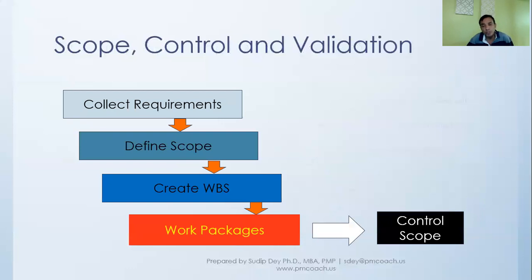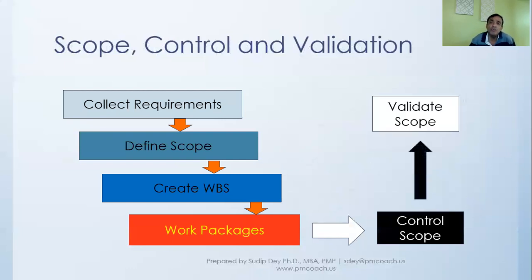When you say scope is controlled, we don't want any scope creep, and so on and so forth. And then when we have done through the execution, we will go into validate scope, which is really the user testing or validating what we are providing to them, and accepting the deliverable. So this is the flow that will go through in terms of the scope.